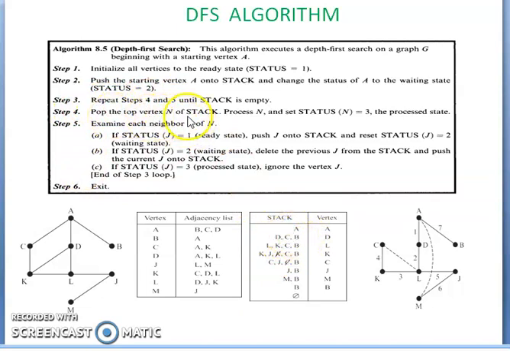First pop the top vertex. What is the top vertex? D. Pop that D and process it, so D's status is 3.